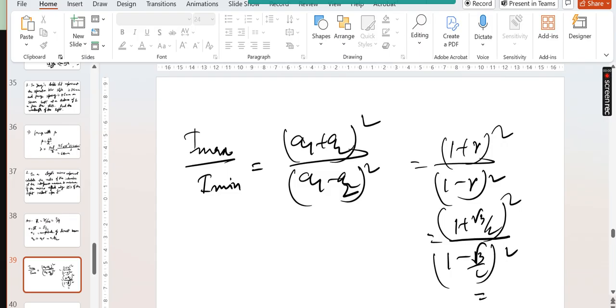Now if we put the values in, that will be 194. This is the answer.